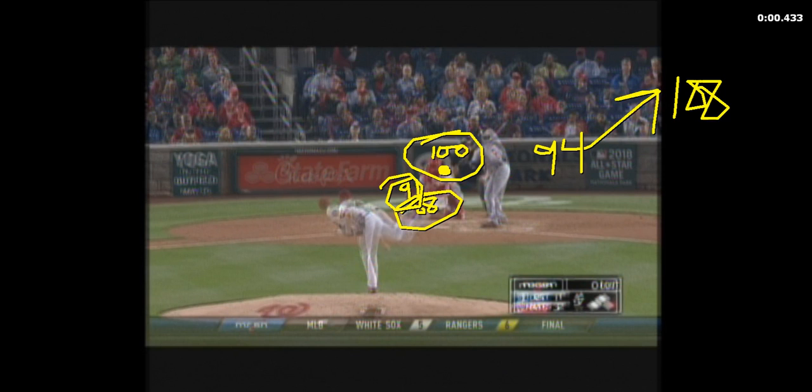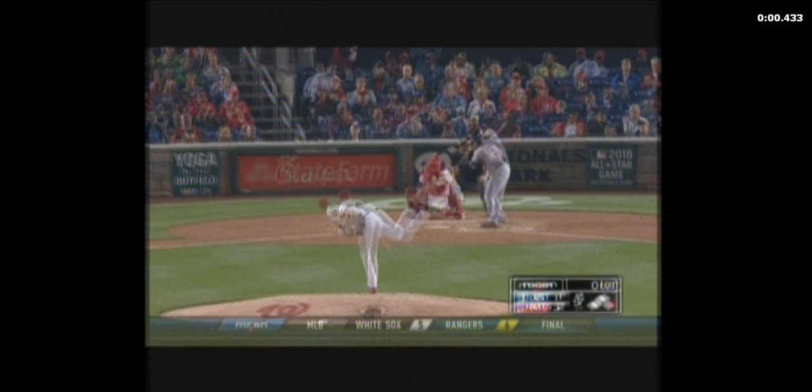Or do you want your 94 to turn into 91? Actually, I should draw it the other way. When it goes up and in the strike zone, it turns into 100. When it goes down and away, it turns into 91. So it's your choice. That's really what you're dealing with right there, is the difference between that.